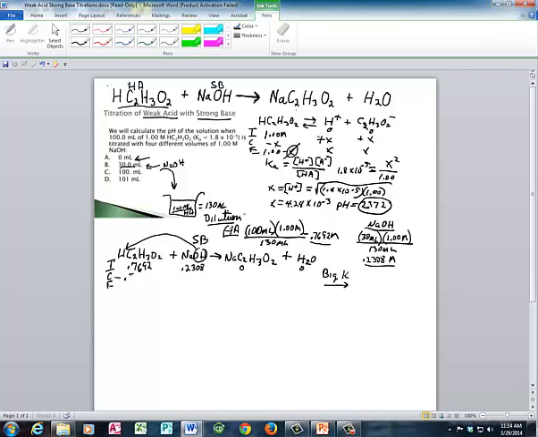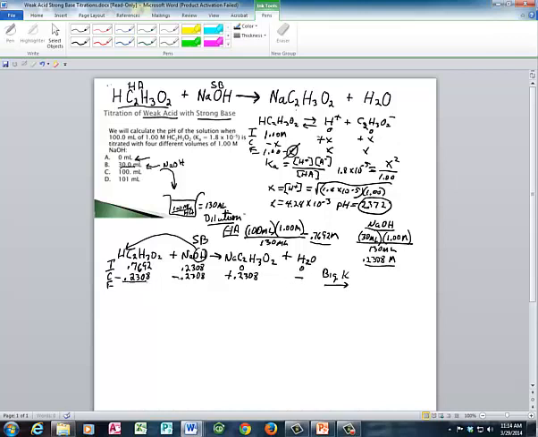In this case, it's the sodium hydroxide at 0.2308 minus 0.2308, and every time 0.2308 molar of sodium hydroxide is used up, we make 0.2308 molar of the sodium acetate. I don't care about the water.